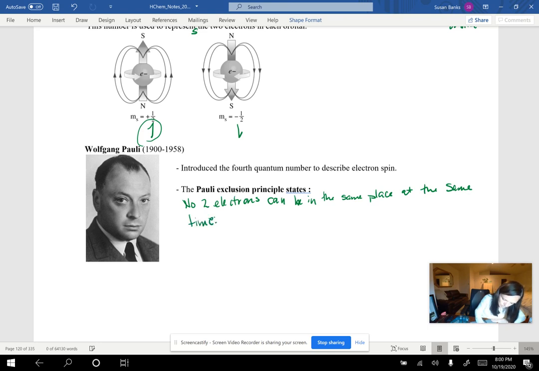So in other words, no two electrons in the same atom will have identical quantum numbers.